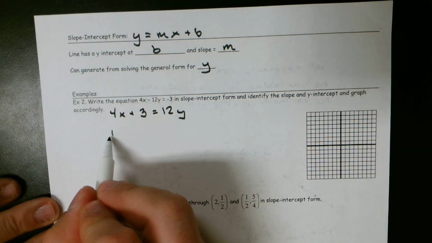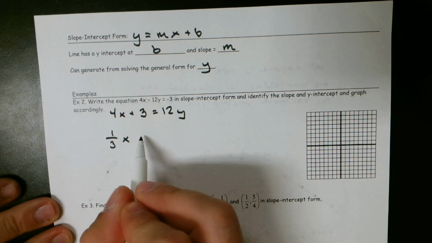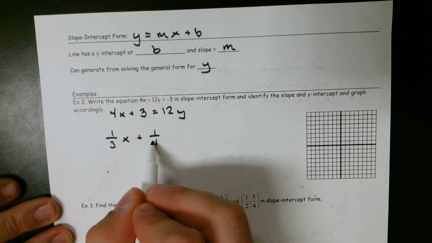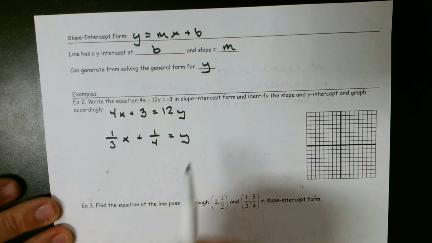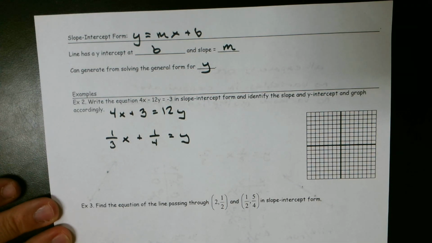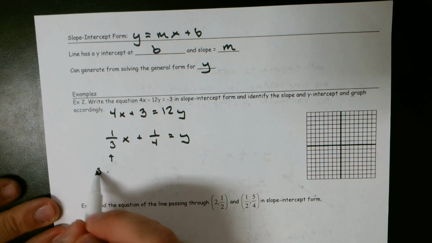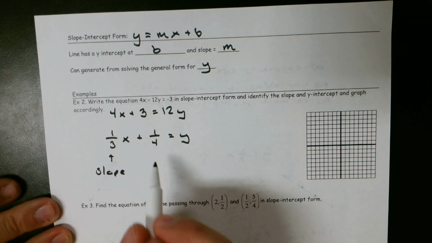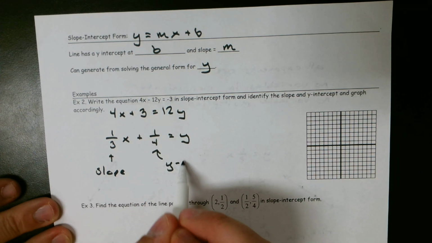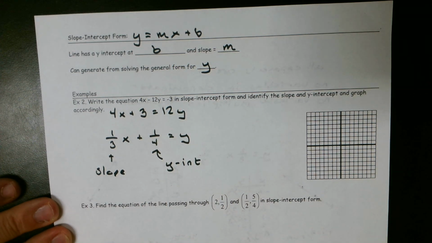Okay, so this is going to be 1/3 of an x plus 1/4 equals y. So I can see right now my slope is 1/3 and my y-intercept is 1/4.